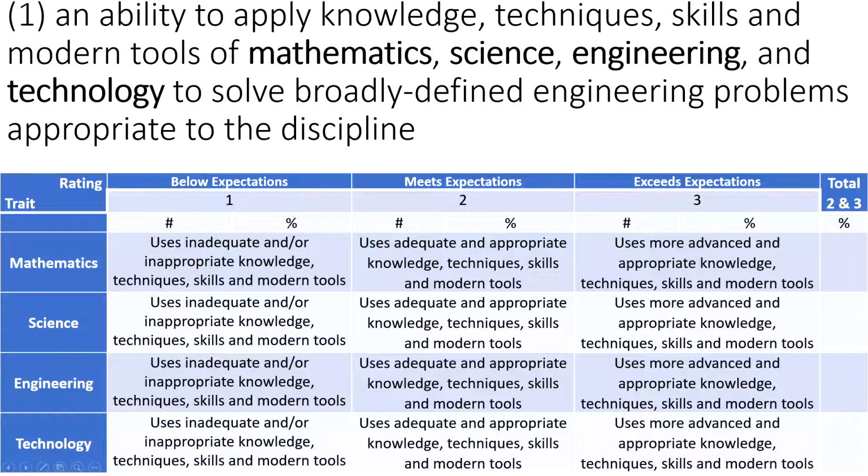But to start with, for this engineering technology learning outcome number 1, it should be broken down into 4 categories: science, mathematics, engineering, and technology, so that we know where they're lacking and what we need to focus on to provide them a better learning opportunity. This is the direct assessment of student learning outcomes. I will upload this document, so if you want you can download it and use it for yourself.